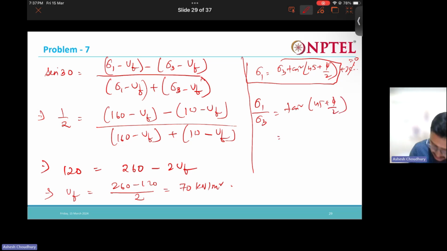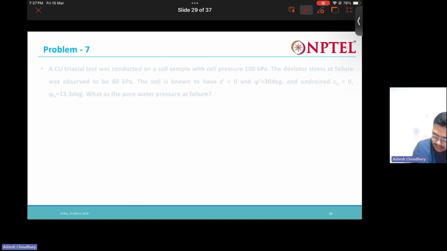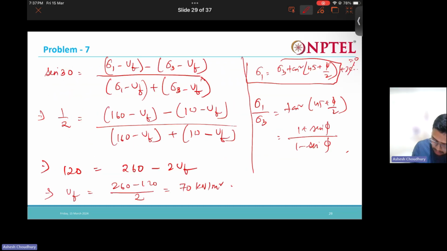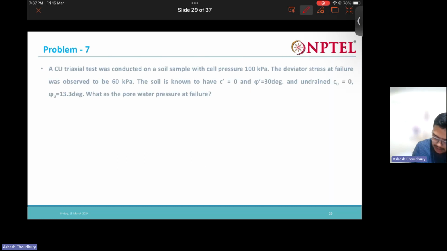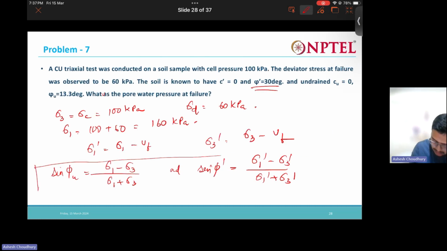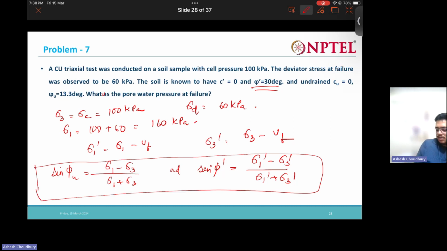In other form I can write it as 1 plus sine phi over 1 minus sine phi. On rearranging we can get this. That's all, just a different form we are writing. Okay. All right. Very easy.